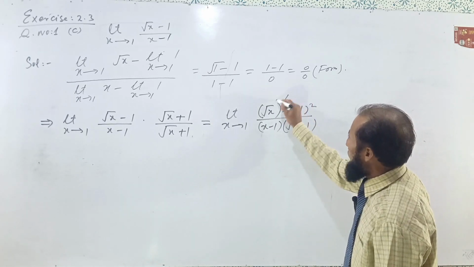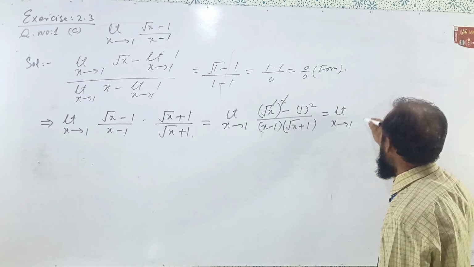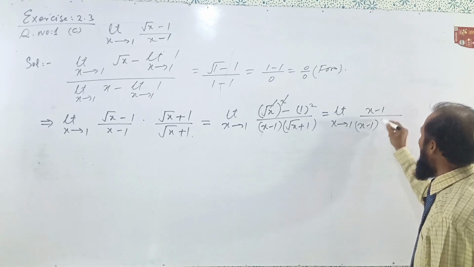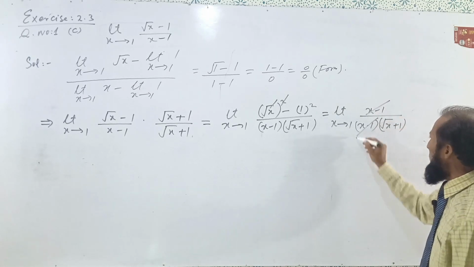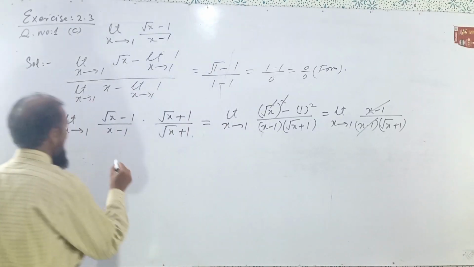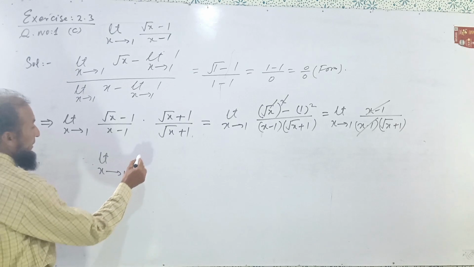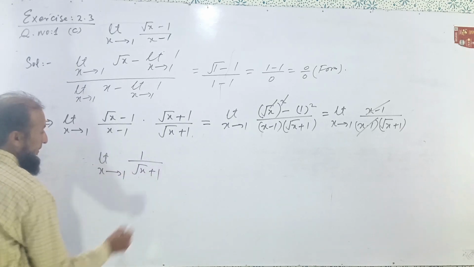The square and square root cancel. We get limit x tends to 1, (x minus 1) divided by (x minus 1) into (square root of x plus 1). So this term and this term cancel. Here limit x tends to 1, we get 1 divided by (square root of x plus 1).